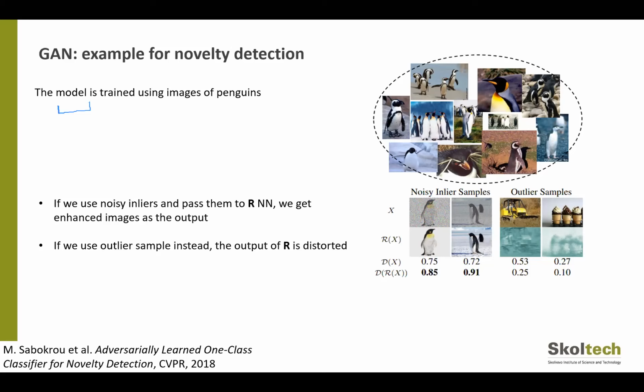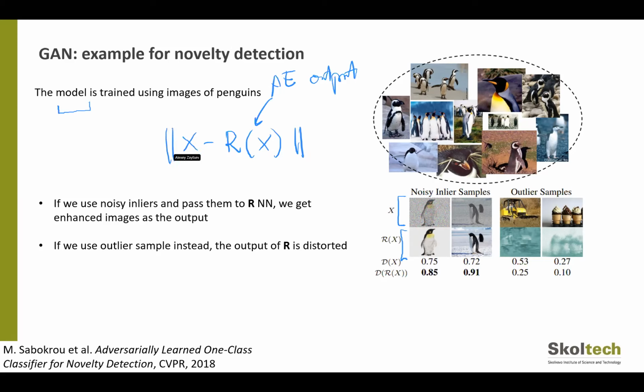We say that we have an input sample of a penguin. Then as the output, we will also have a good looking image of a penguin, because we want our initial X and our images that we pass through the autoencoder to be close to each other.